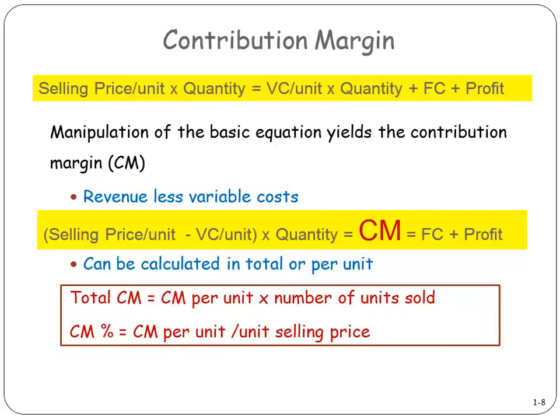So if you demand a 30% contribution margin, that means, if you're selling it at 100 and you have $70 worth of variable costs, 100 minus 70 is 30, over 100, that would give you your 30% contribution margin. Make sense?